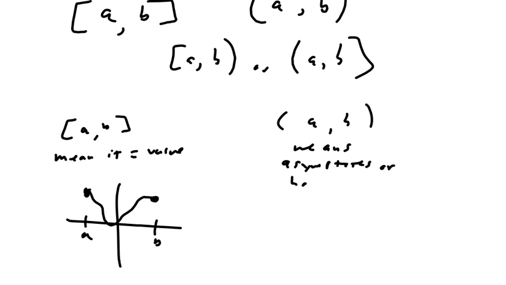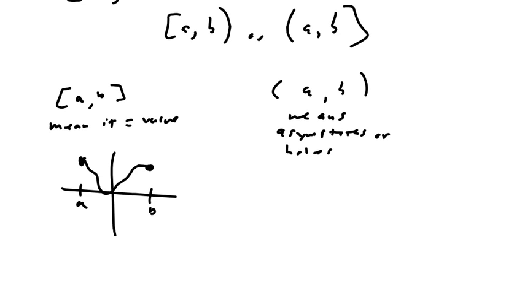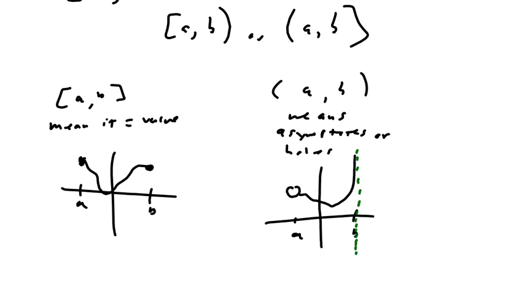So let's say here's A and here's B. You could have a hole at A, travel along, and then maybe you have an asymptote at B. It's still an interval, it's just not a closed interval. We say this is a closed interval, and this we say is an open interval.